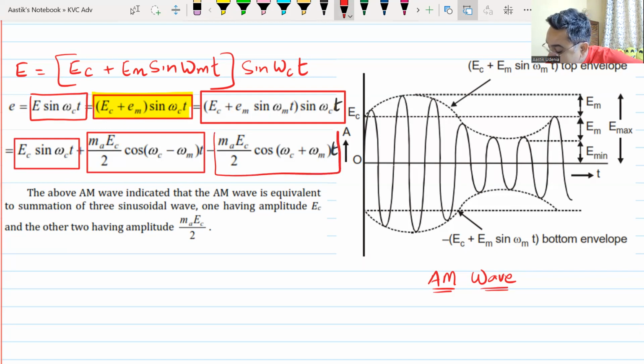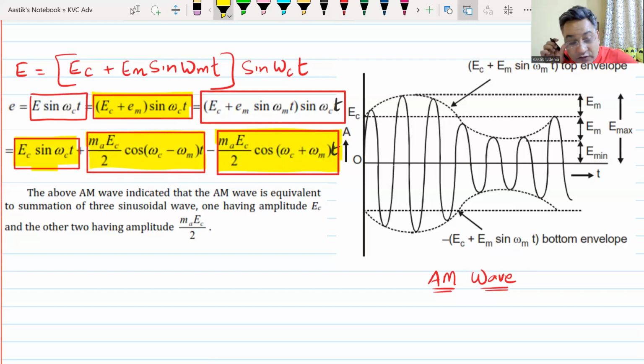You have to remember this: the AM wave can be thought of as consisting of three waves. The first wave has an amplitude of EC and a frequency of omega c. The next two waves have an amplitude of MAEC by 2.